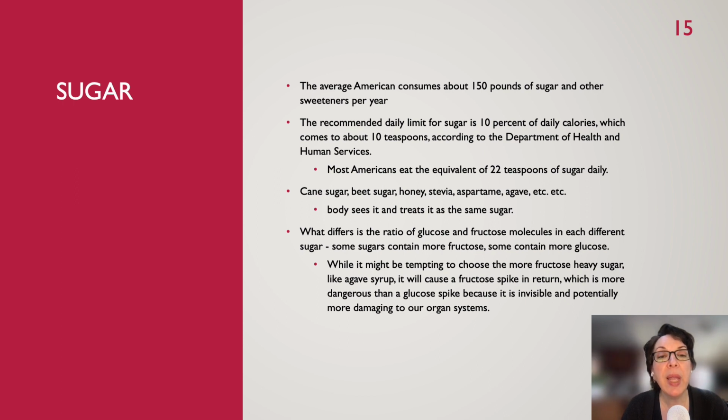So it might be tempting to say, oh, well, we choose the more fructose heavy sugar like agave syrup. This causes a fructose spike in return, which is more dangerous than a glucose spike because it is invisible and potentially more damaging to our organ systems.